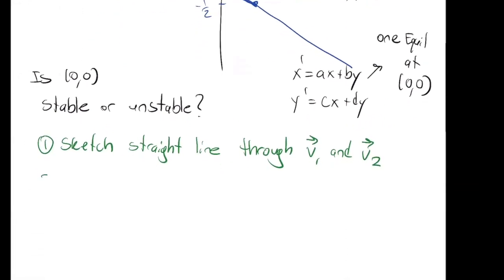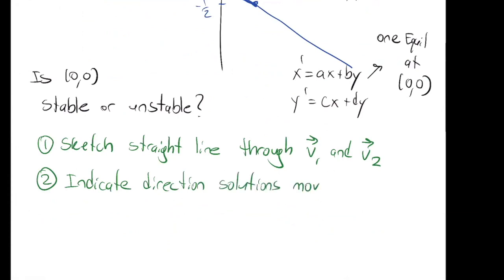Okay, then we need to indicate the direction of the flow along those vectors. And the way that we do that is we look at the sign of the eigenvalue.